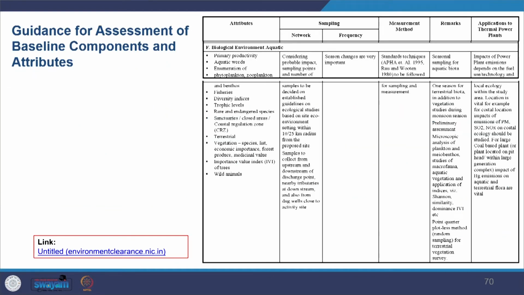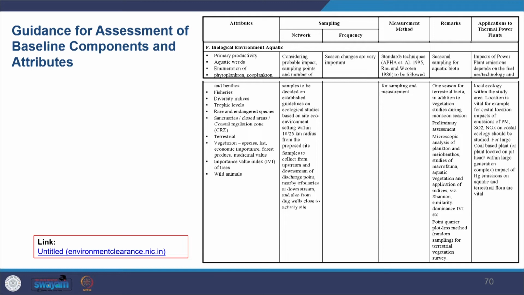Further, I have added a snip from the manual, where you can see what kind of data has to be collected. This is again from the thermal power plant. You can see that for the biological environment, aquatic, you need to have primary productivity, aquatic weeds, enumerations of phytoplankton, zooplankton, and so on, and benthos, fisheries, all that, and then what kind of sampling has to be done, how that has to be collected, and what kind of measurement method you will need.